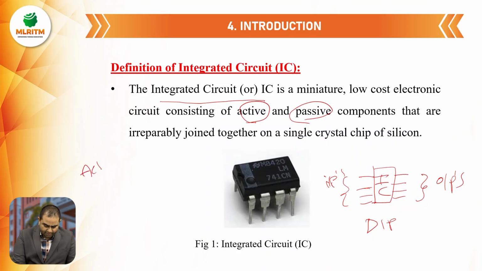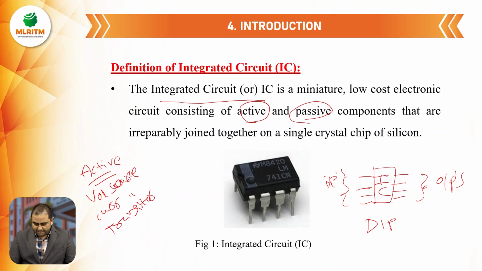Active components are nothing but those elements used for generation of some power, like voltage source and current source. These are examples of active components. Along with that, a transistor is also an active component.